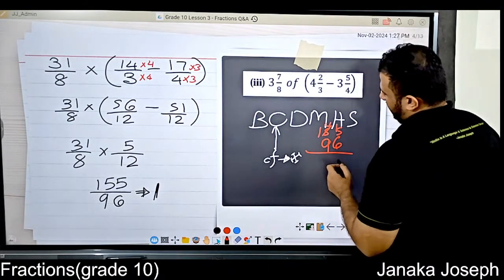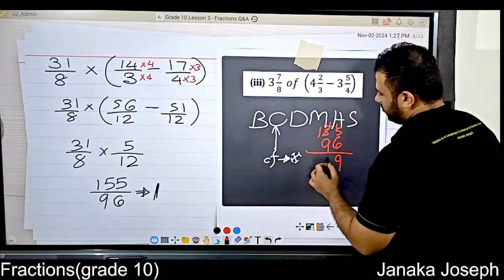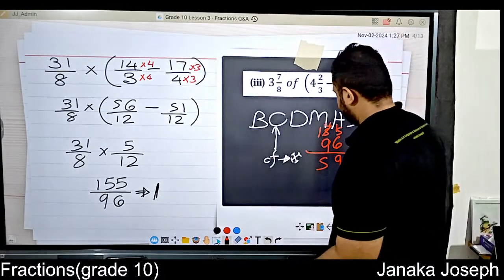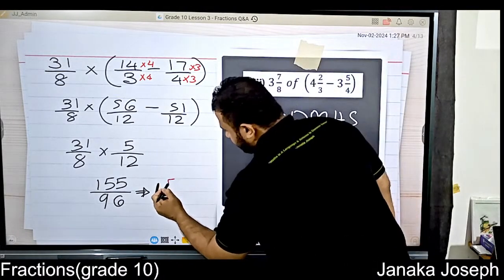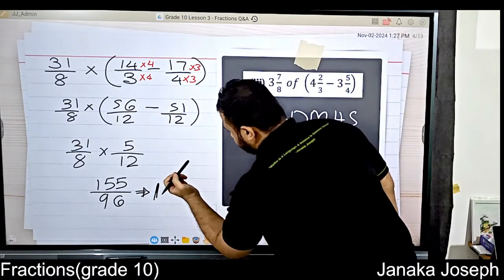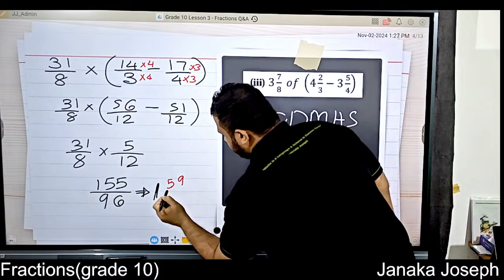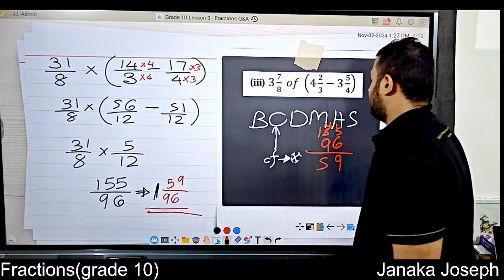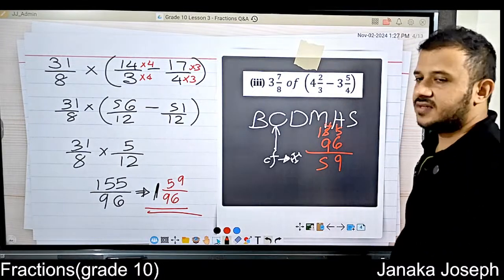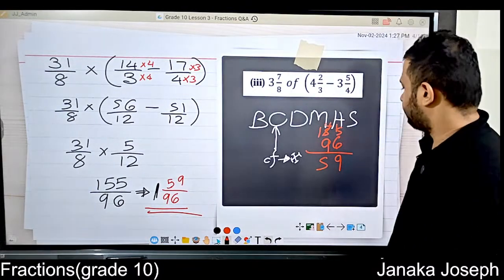That's better than trying to overload your brain. So that gives us a 59 here. So this will be 1 and 59 out of 96. That's how that question is done.